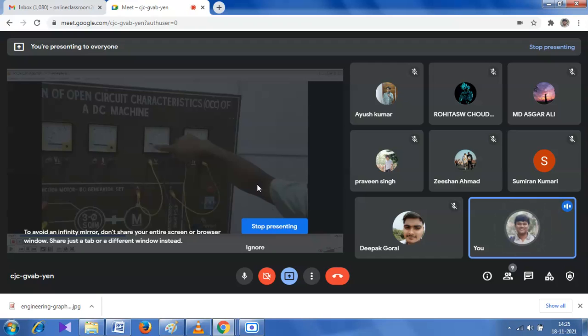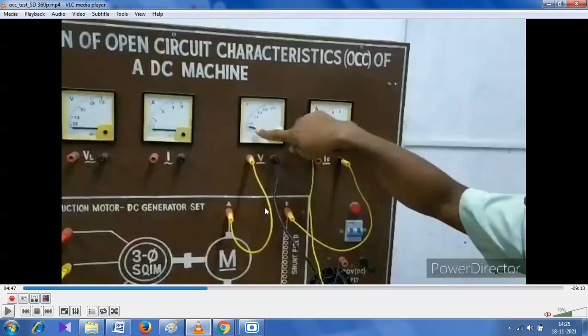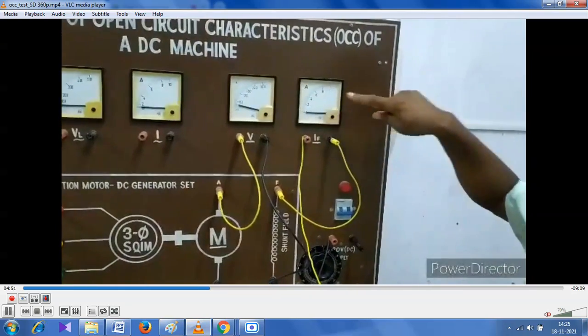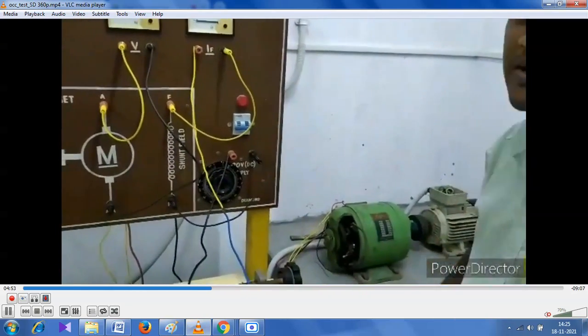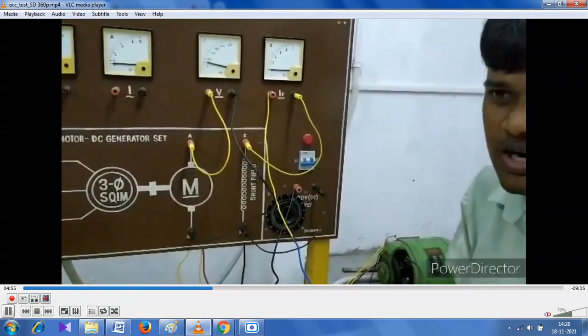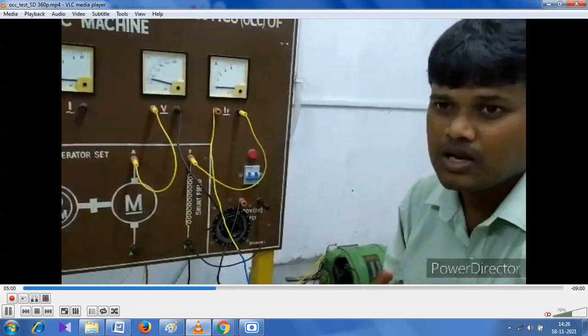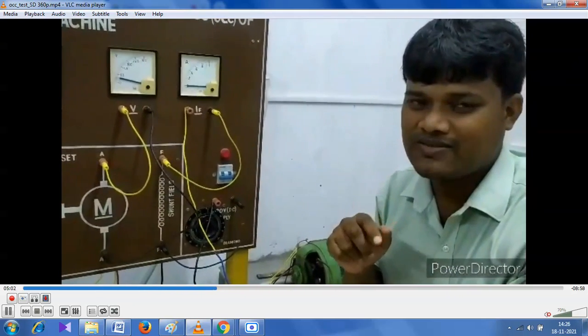By taking the reading of speed after every interval, we confirm that we are providing a constant speed to the system. After providing a constant speed, we have to change the field current and take the readings. We have to note how much voltage is produced corresponding to the field current.